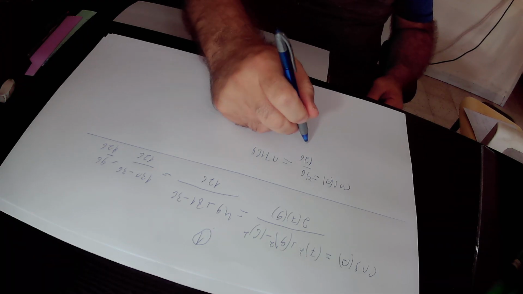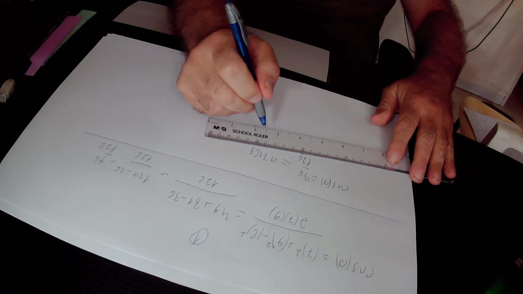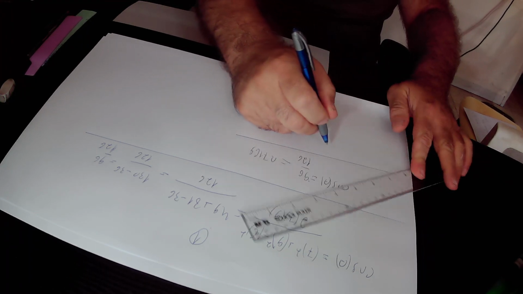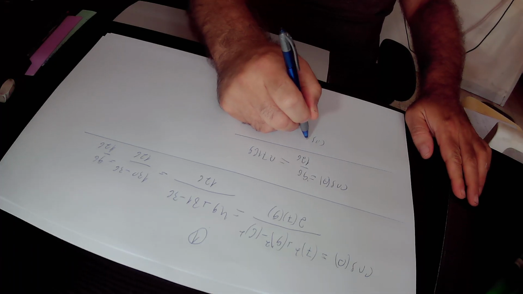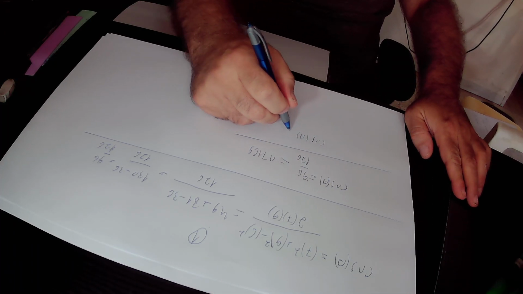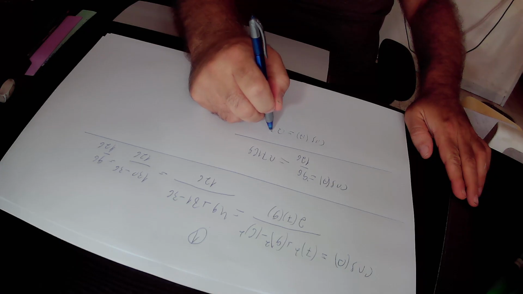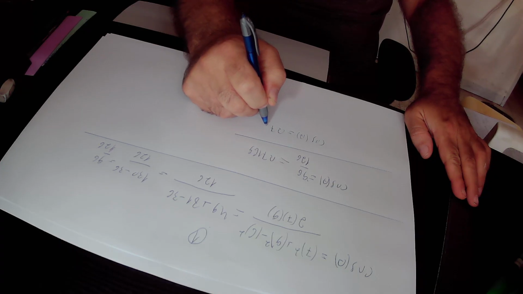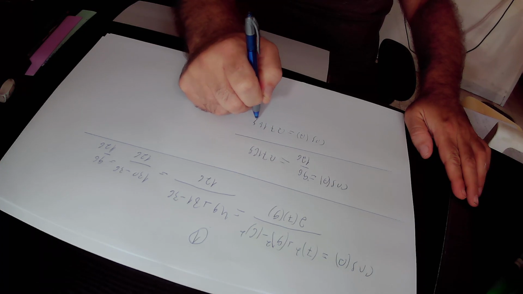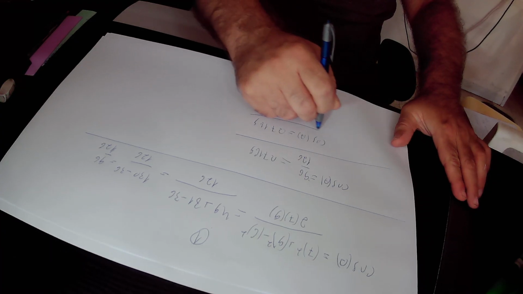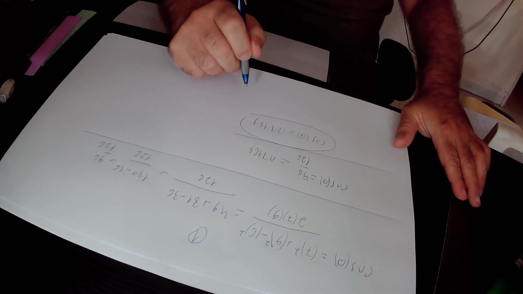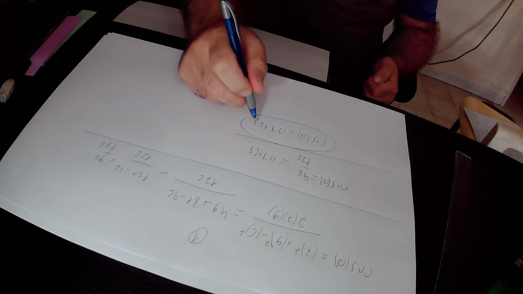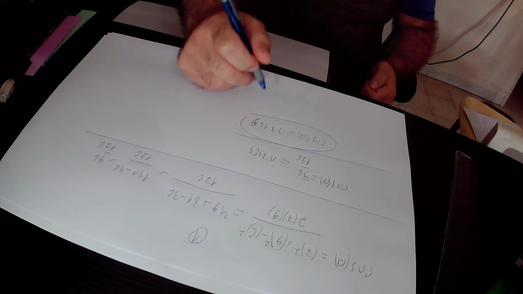Since cosine theta equals 0.7169, we would like to find the value of theta itself.